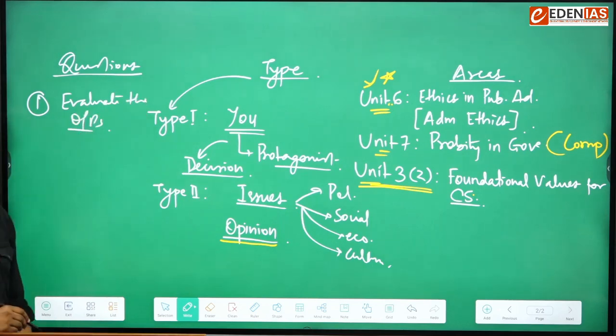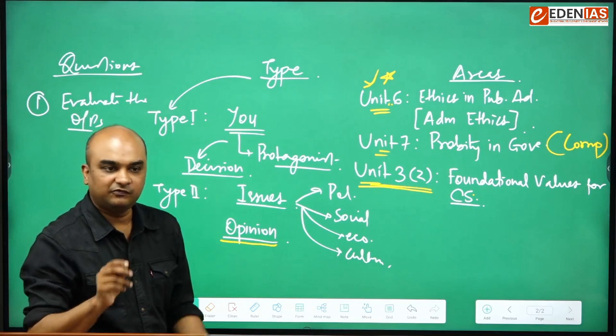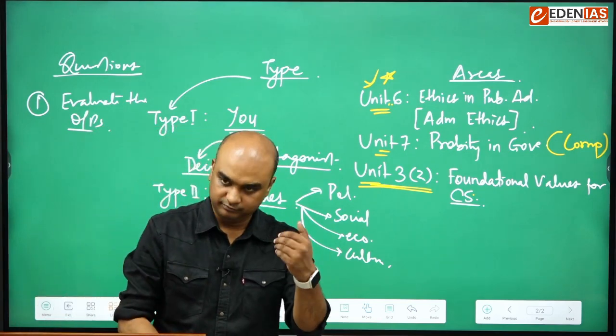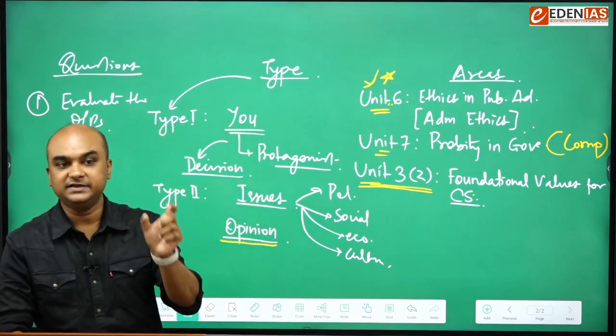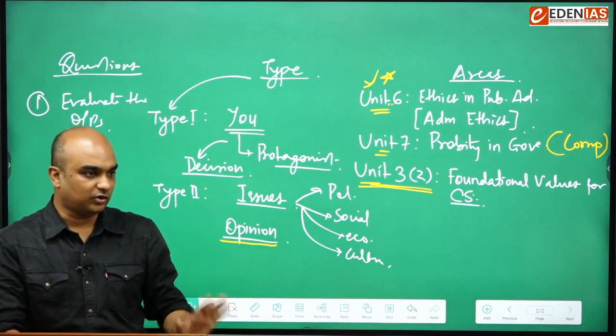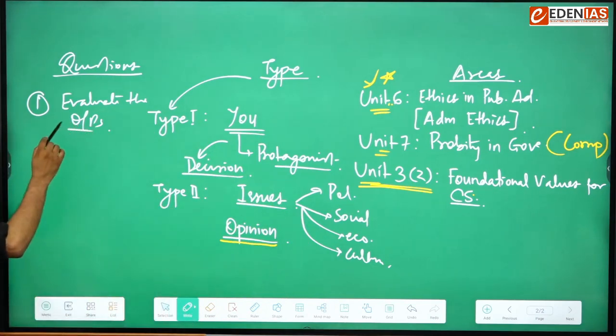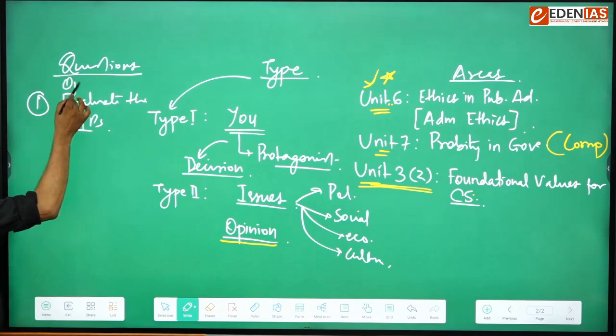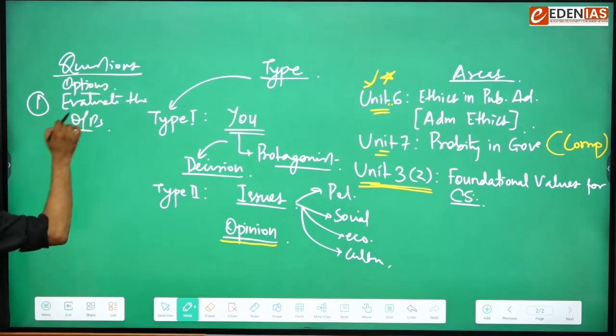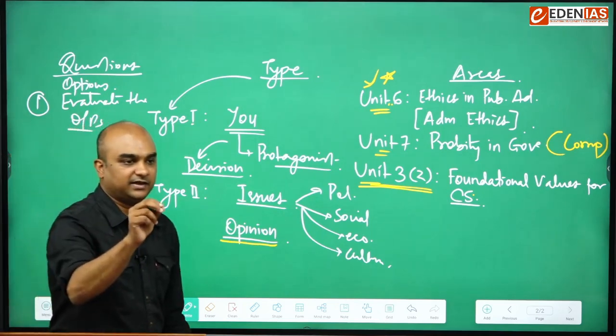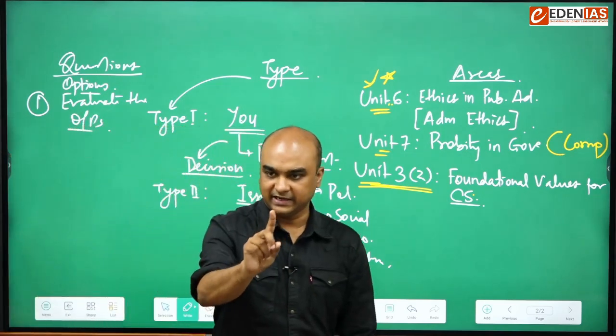Evaluating the option means that you have to find out the merit if you take that option and the demerit if you take that option. That is evaluation of the option. So in certain case studies you will find that the options are given in front of you and you have to pick an option. This is one category.